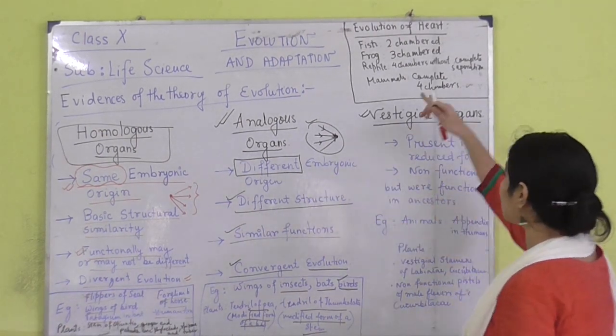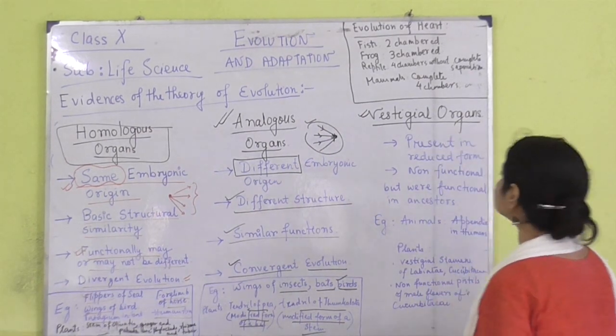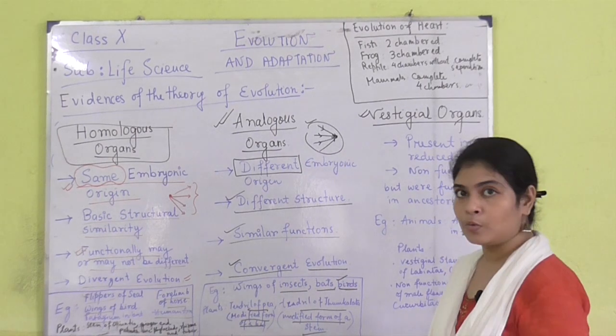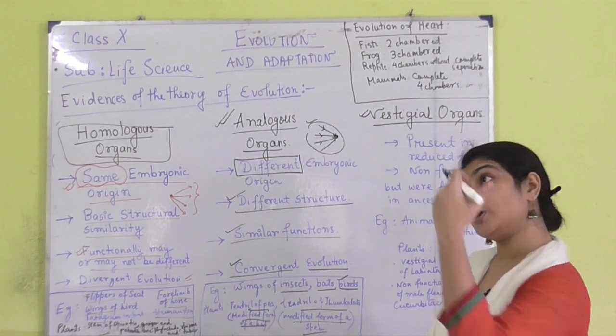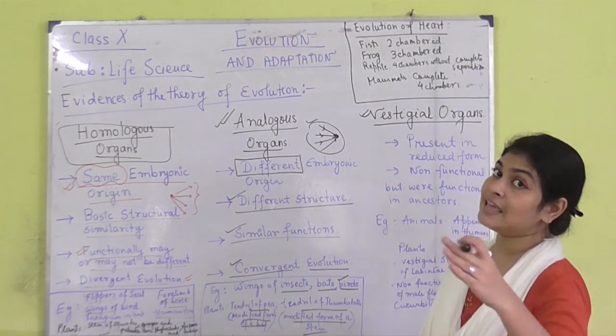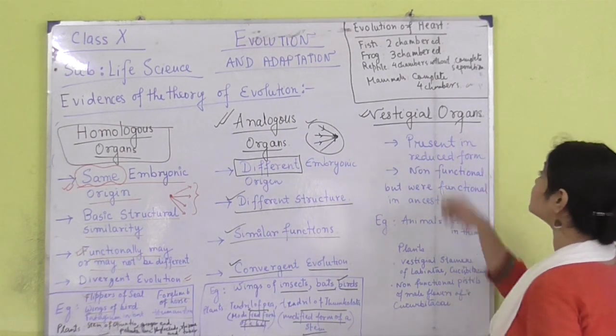Now, when we are coming to another type of organ, that is the vestigial organs. Now, these vestigial organs are non-functional organs. At present they are non-functional, but when we are talking about our predecessors and ancestors, then these organs were definitely fully functional. So, they are known as vestigial.